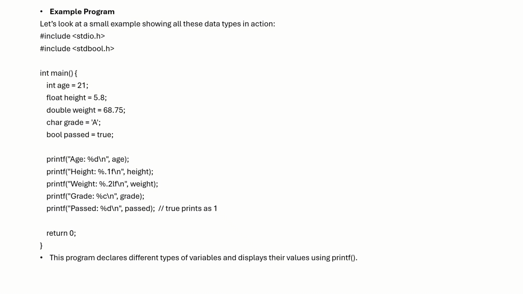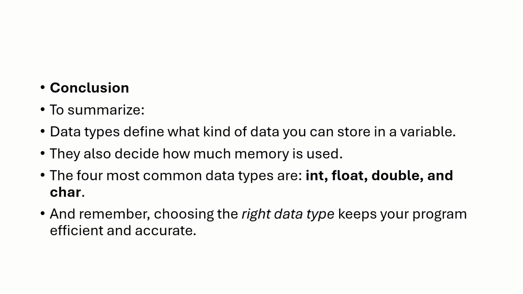Then we are printing our grade with %c, the format specifier for character. Then we are printing the boolean expression, pass = %d. Then we are completing the program. So this program declares different types of variables and displays their values using the printf function.